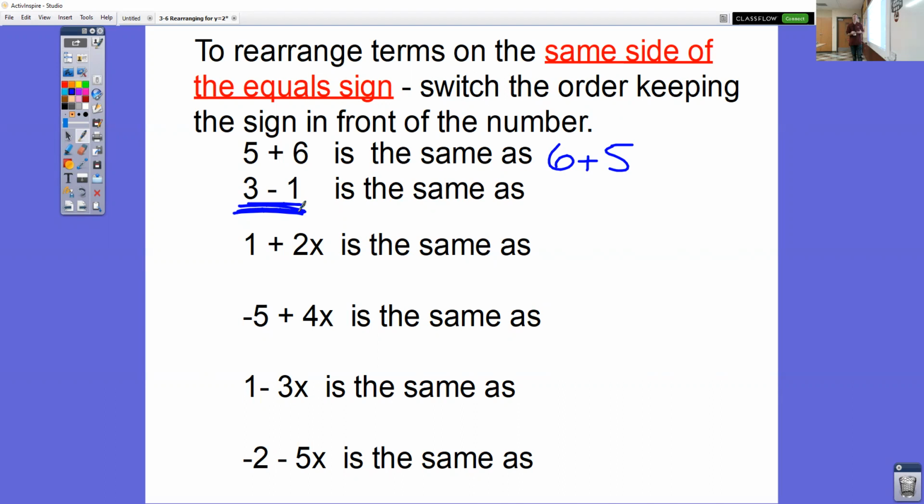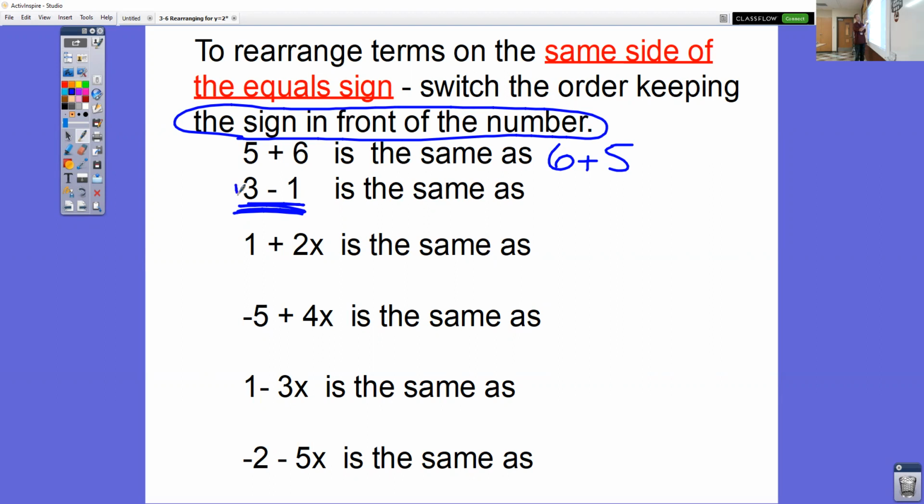But they lied to you, because at that point in time, you didn't know about negative numbers. What you can do is switch around the order of anything you want, as long as the sign stays in front of the number. The sign in front of the number needs to stay in front of the number.